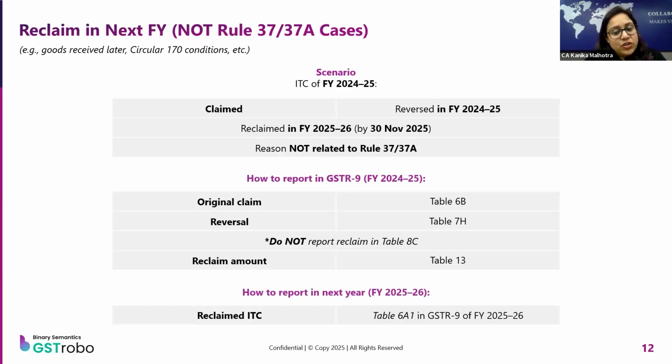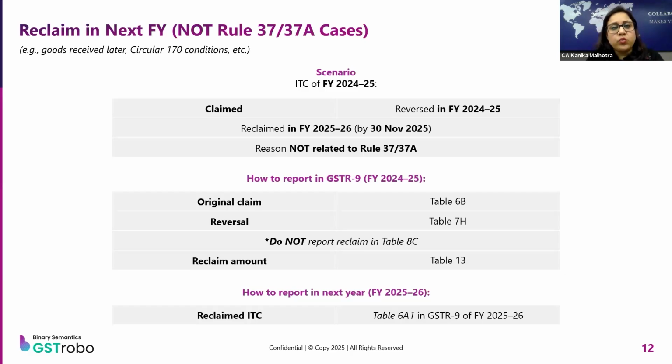And in the next financial year, I'm giving you a linkage here on what you will report in 25-26 for all these ITCs. You will show this amount of reclaimed ITC in table 6A1, because it belongs to that ITC that you needed to claim for 24-25, but you're claiming in this financial year.